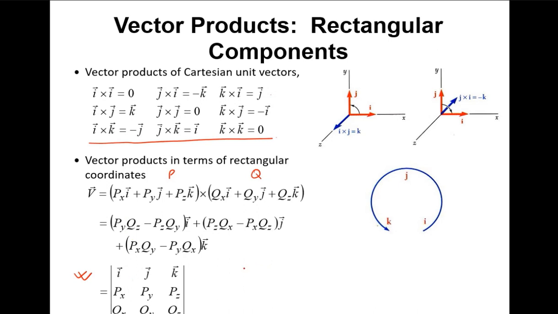If you are trying to find out P cross Q, then at the top you will have the unit vectors along the x, y, z directions, i, j, k, then the Px, Py and Pz values, and the Qx, Qy and Qz values. Say if you wish to find out Q cross P, then you just have to interchange these two rows. IJK will be the same. So at the top you will have Qx, Qy and Qz, and at the bottom you will have Px, Py and Pz.